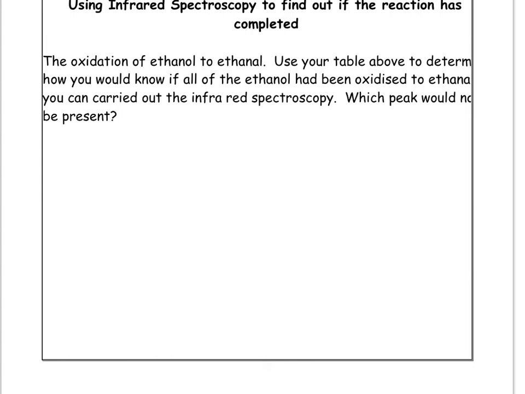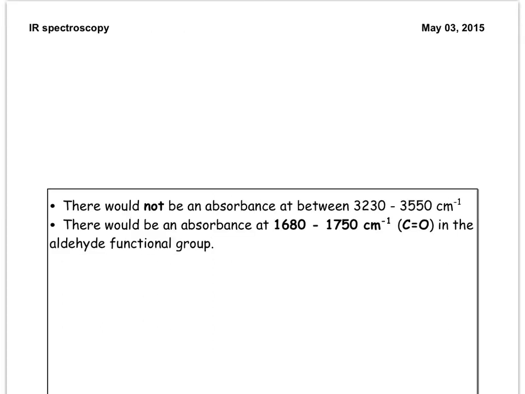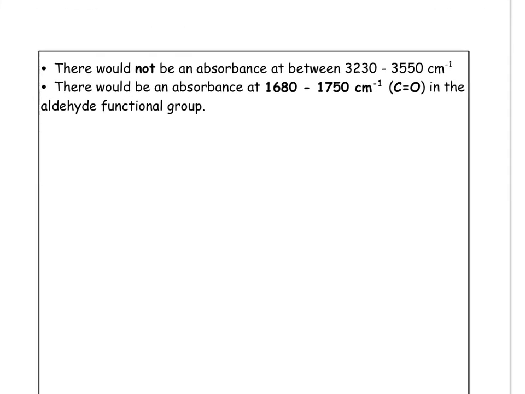Which peaks in the IR would start to disappear? Have a think about that. So the answer is there'll be no absorbance between 3230 and 3550, which is the OH alcohol. There would be absorbance, however, between 1680 and 1750, which is the carbonyl functional group in the aldehyde. So none of this, but you would see some of that.